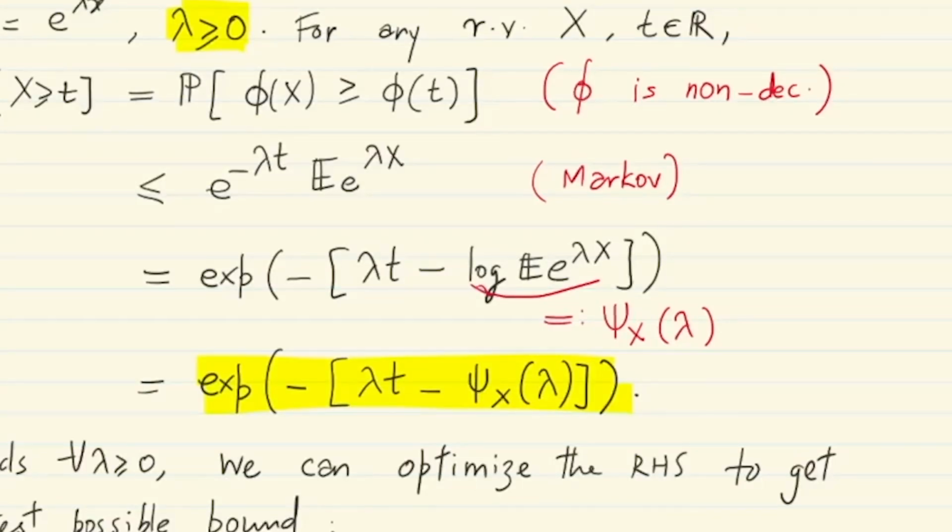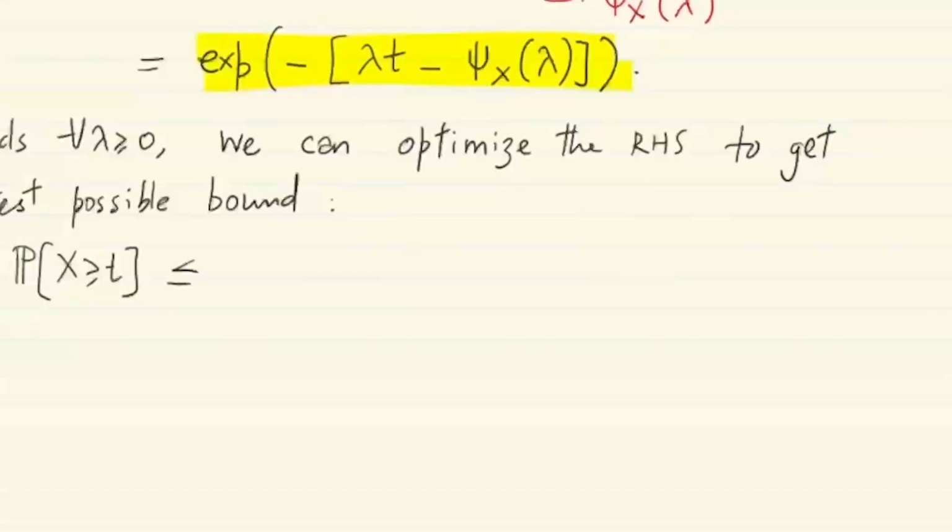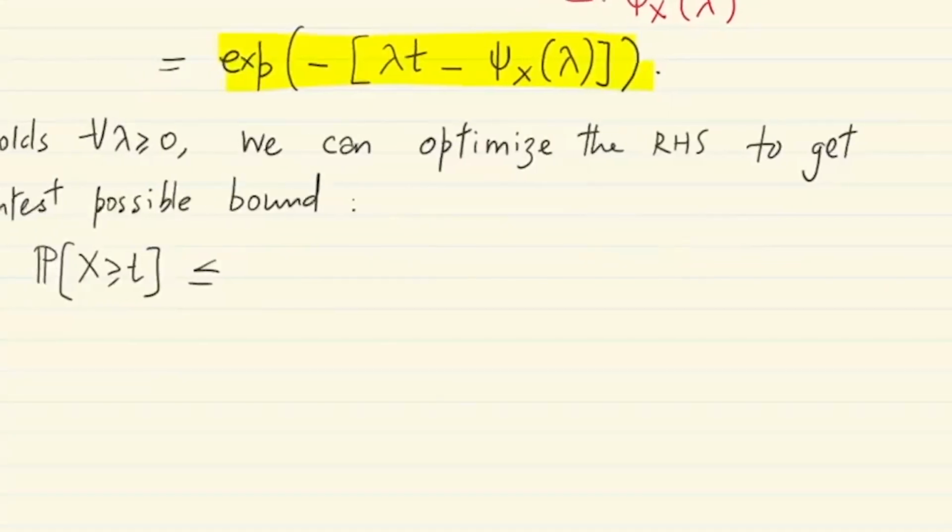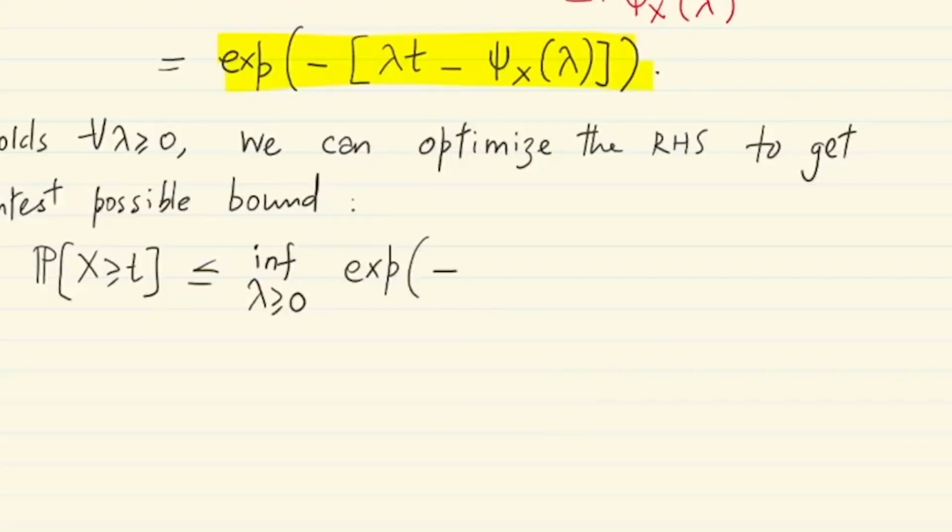Okay, so by this what I mean is that it also holds that the probability of x greater than or equal to t is less than or equal to the infimum over all lambda greater than or equal to 0 of e raised to minus lambda t minus psi x of lambda.